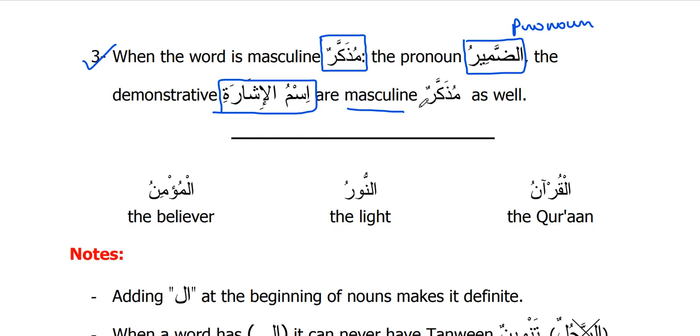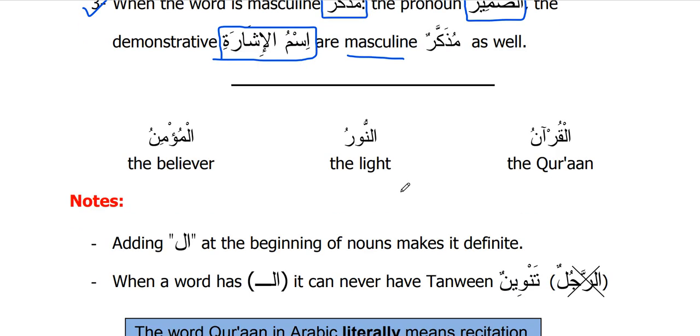If a noun is a male, then know that the pronoun, the demonstrative pronoun, the adjective, everything surrounding or referring to that male noun will always be male. So we will see this in sentences coming after it.